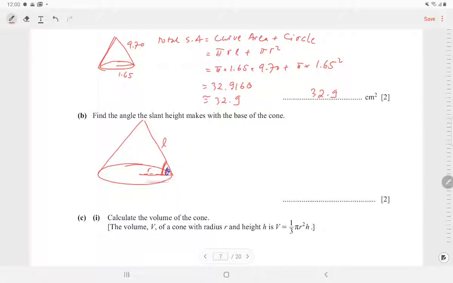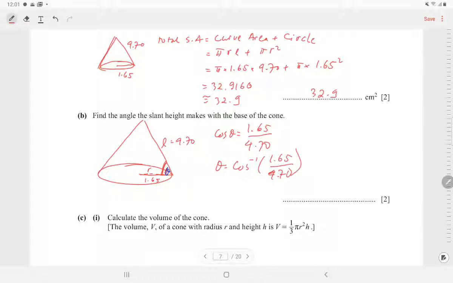Because this is adjacent, 1.65, and the slant height is 4.70, so this is adjacent over hypotenuse: cos theta equals 1.65 over 4.70. So theta is cos inverse of 1.65 over 4.70.